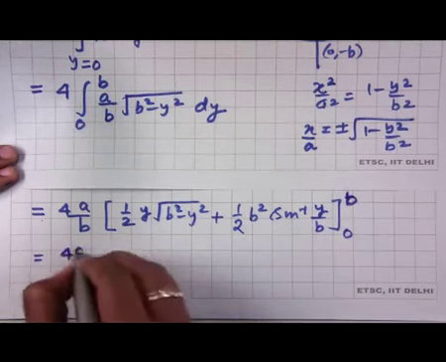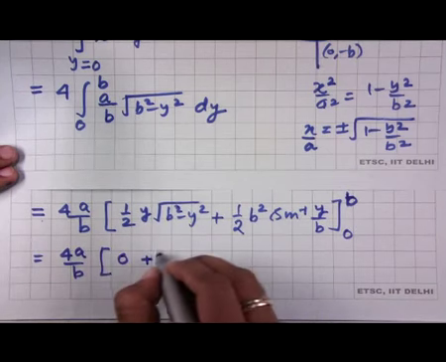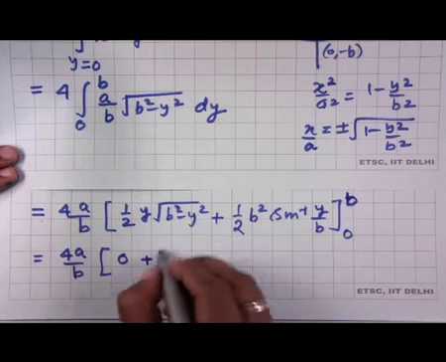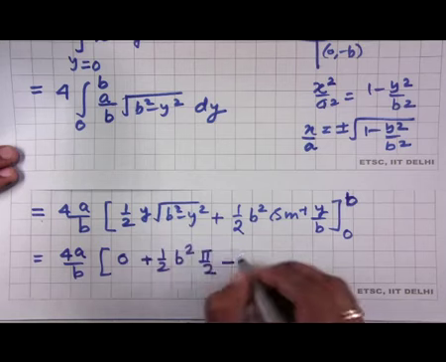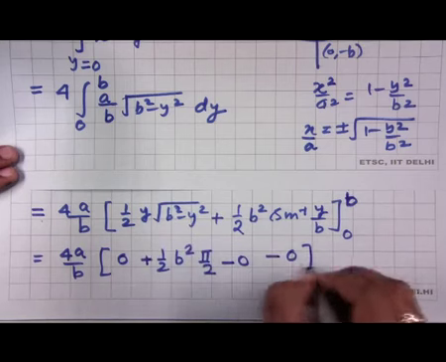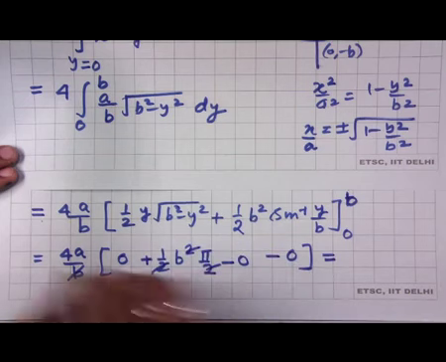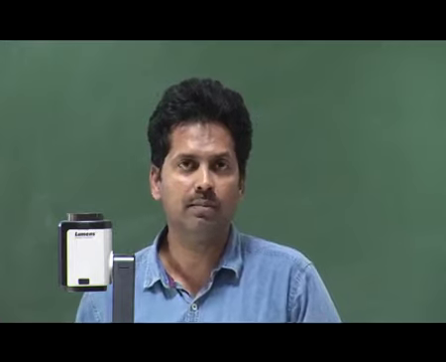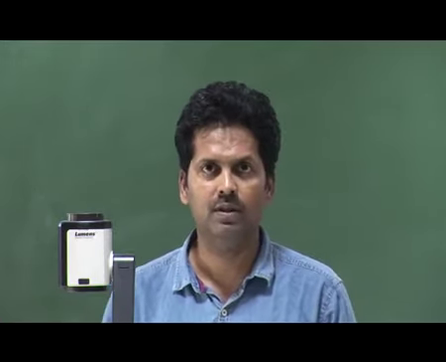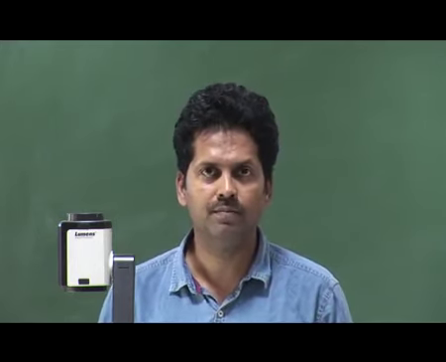So you get 0 plus at b it is 0, then at b it is 1 by 2 b square pi by 2 minus 0, then again it is 0. So you get pi ab. With these two examples of area of ellipse, by using both vertical and horizontal strips, you can see how to compute area of simple curves.